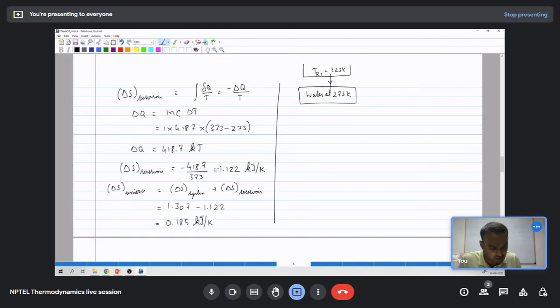So heat is transferred from the reservoir to the water system. That would be, say, Q1, and then it finally became 323 Kelvin.